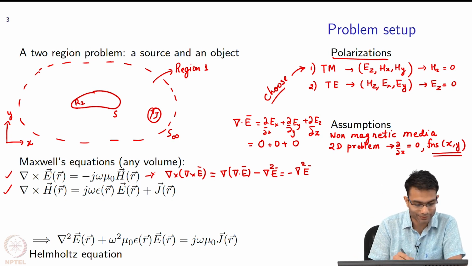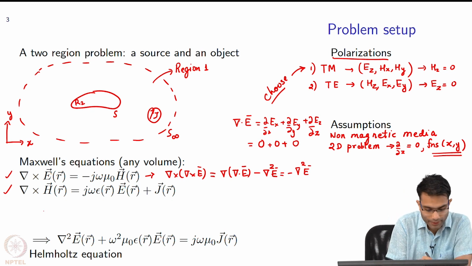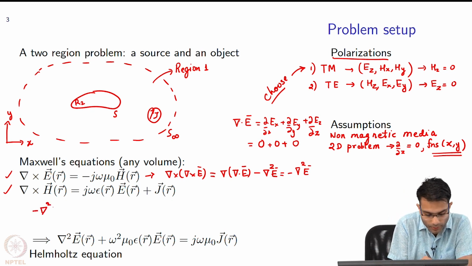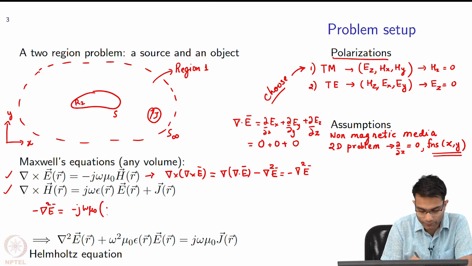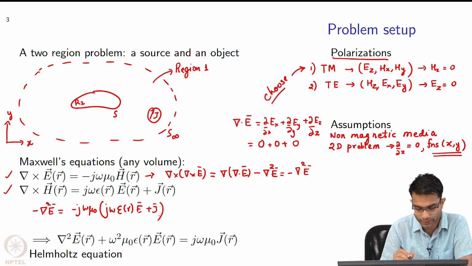I took the curl on the left hand side; similarly, I will take the curl on the right hand side as well. So what will I get? I will get minus del squared E from the left hand side, and the right hand side will become minus j omega mu naught into curl of H, and curl of H is j omega epsilon r E plus J.